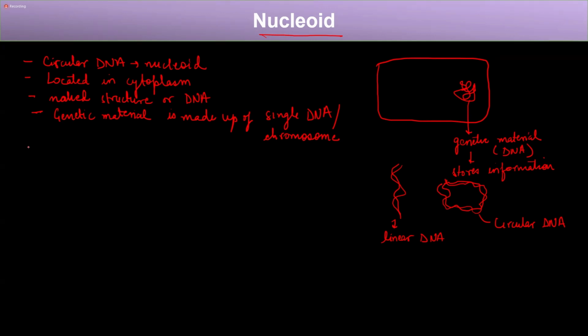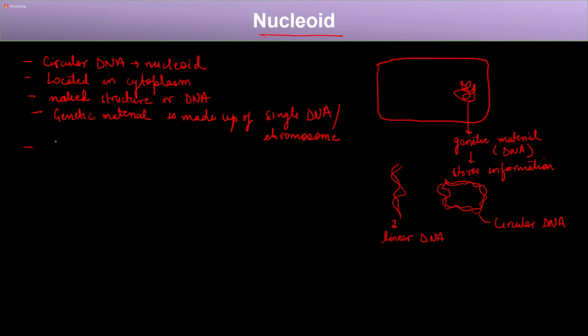Now, this nucleoid is called the main genomic DNA. Okay. So if you remember, I told you that the genetic material stores the information. What kind of information? It stores all the information that tells the cell what kind of chemical reactions have to be done, right? This means that this genetic material should have all the information. And in the case of bacteria, the nucleoid is that genetic material.